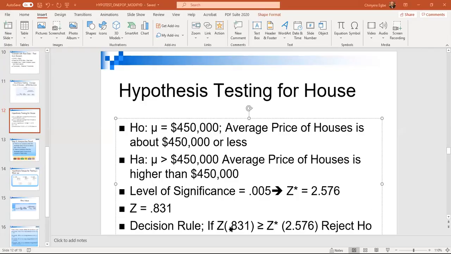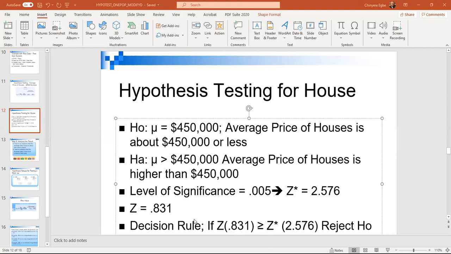Okay. So based on this Z value, would you reject or not reject the null hypothesis? Hello, guys.